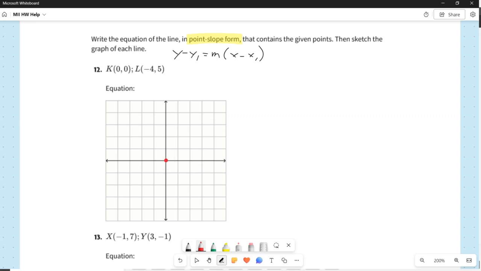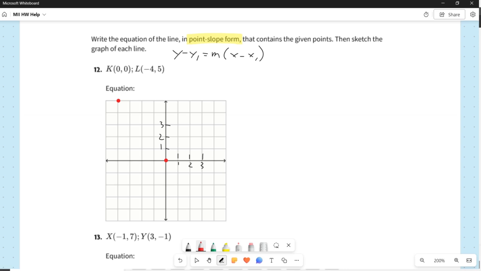So that's right there. And then L is -4, 5. So we might as well keep, again, a simple scale here, 1, 2, 3, and 1, 2, 3. Each box is worth 1. So in that case, -4, 5. I go to the left 4, I go up 5, and I'm right there.